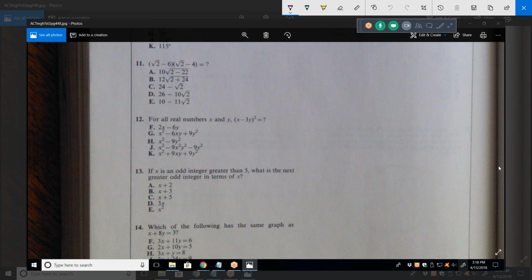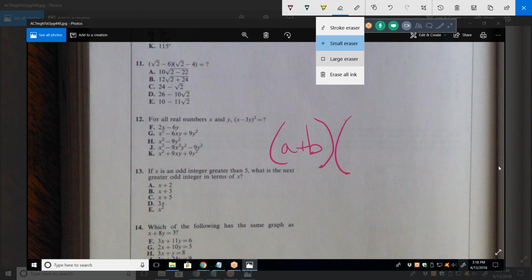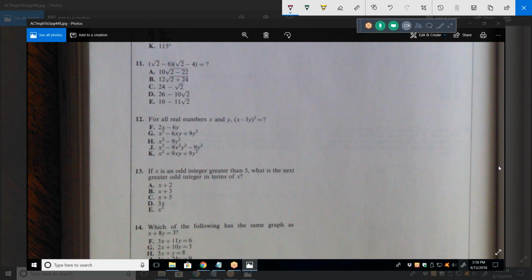It's binomial because there's two terms. I thought you would just do the square root of 2 times the square root of 2, and then square root of 2 times -4, and then -6 times the square root of 2, and then -6 times... Perfect. You're foiling. Yeah, FOIL. That's what it's called. I'm sorry. Okay, so give me the answer term by term. What is that again?